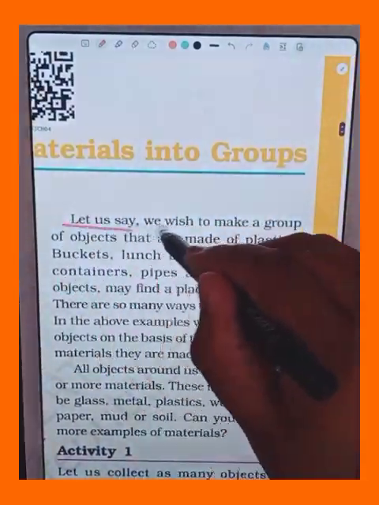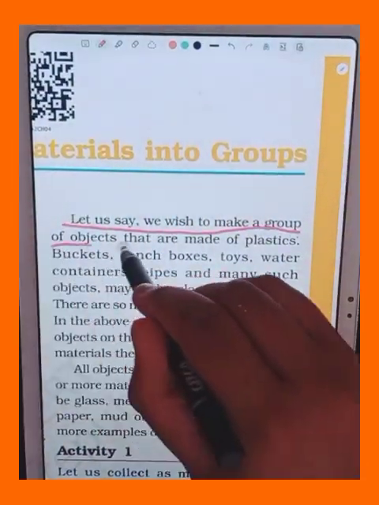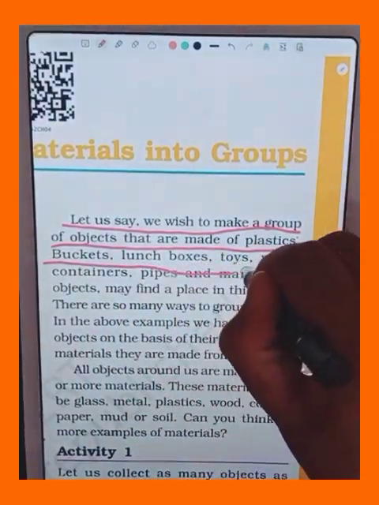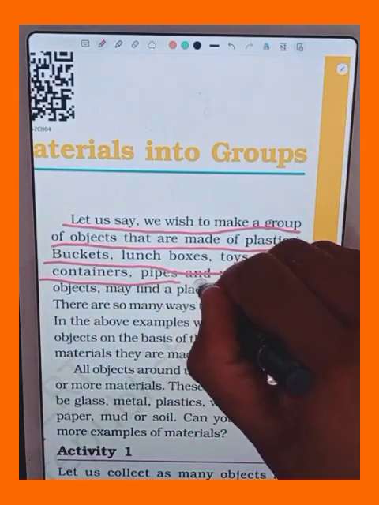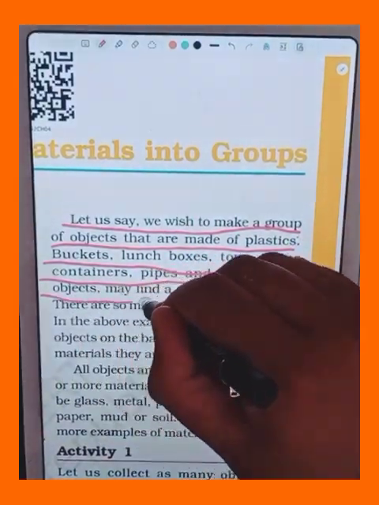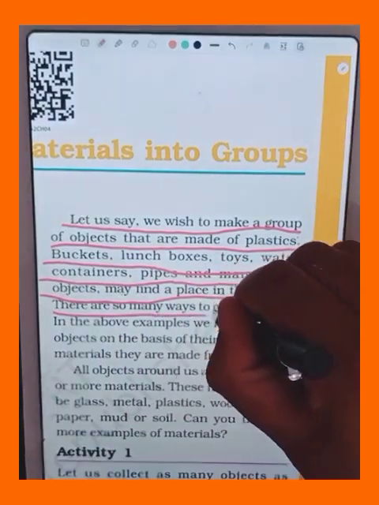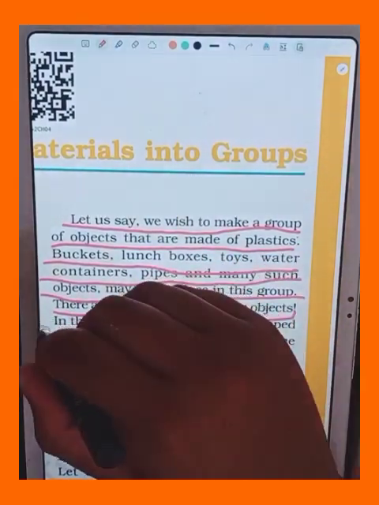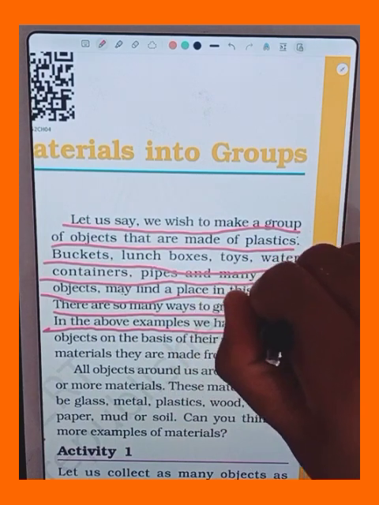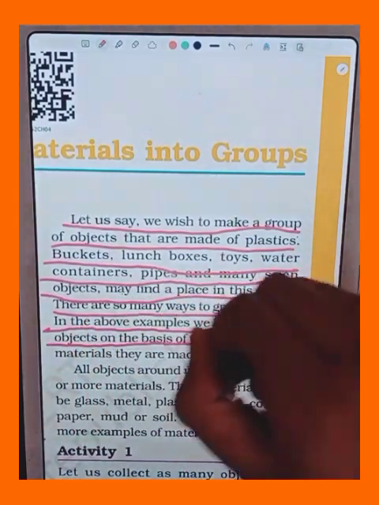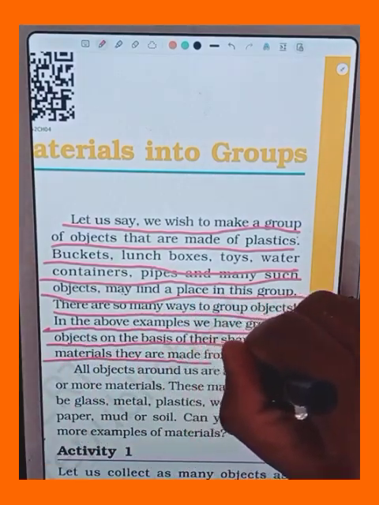Let us say we wish to make a group of objects that are made of plastic: buckets, lunch boxes, toys, water containers, pipes, and many such objects may find a place in this group. There are so many ways to group objects. In the above example, we grouped objects on the basis of their shape or the materials they are made from.